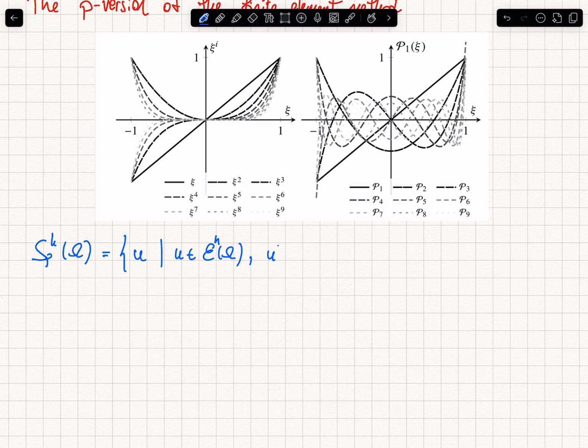But now u of x is going to be a polynomial, so it belongs to a space P_pi of E_i, that's an element, for all x that belongs to that element. Obviously, i in the range 1 to number of elements.